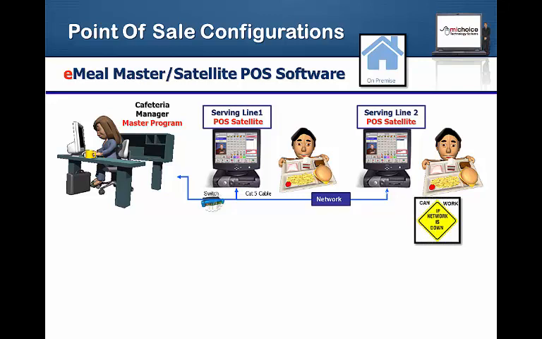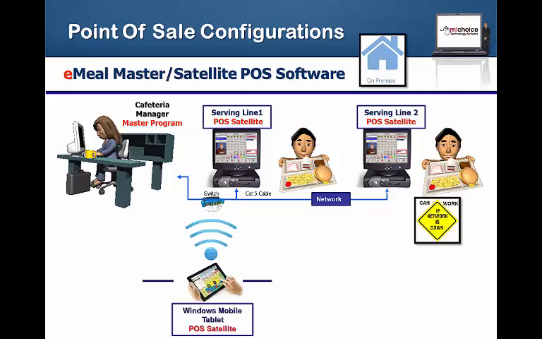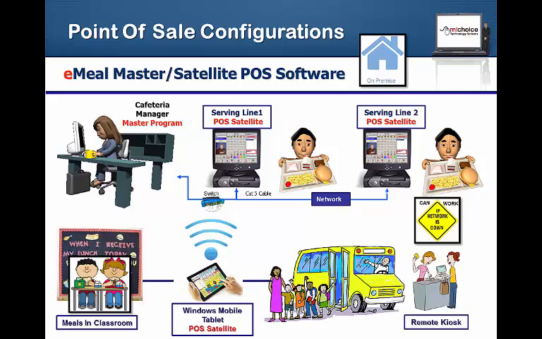As an option, the point-of-sale satellite software can be installed on a Windows-based wireless tablet that communicates with the cafeteria manager's computer. I will comment that the tablet configuration is normally used for meals in classroom service or running a remote kiosk serving line.